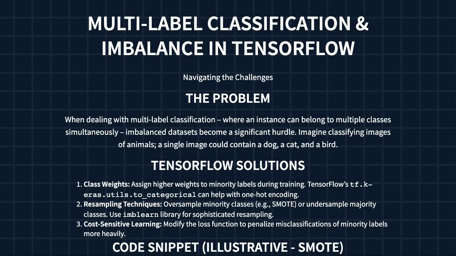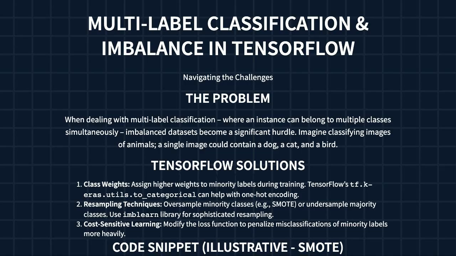Okay, let's talk about handling multi-label classification when you have a really skewed dataset where some labels are much more common than others. This is a frequent problem with image recognition, natural language processing, and many other areas. TensorFlow offers several strategies to tackle this. First up, class weights. These give extra importance to the less frequent classes during training, making sure they don't get completely ignored.